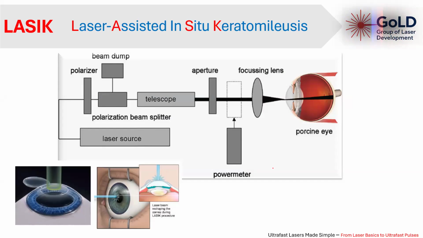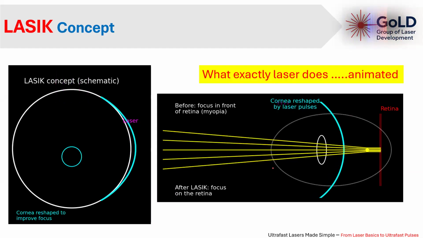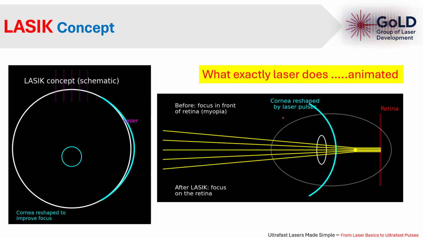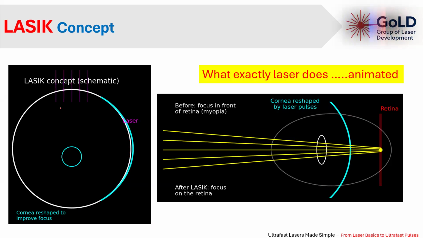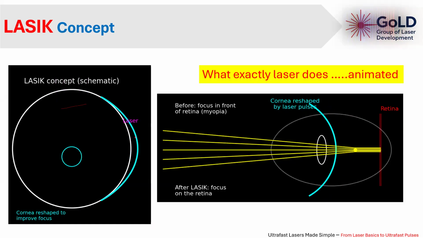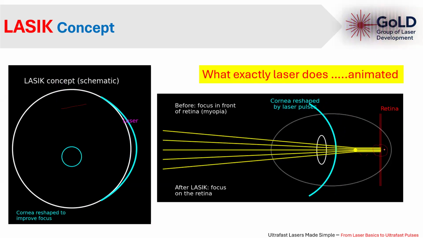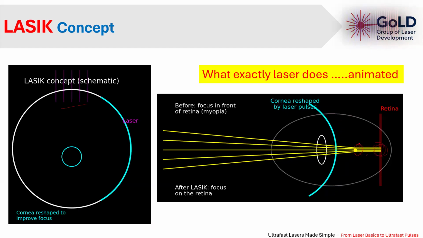The focusing is adjusted. You can see here in this animation, probably just a rough animation, when you shine the laser, the cornea is reshaped with the laser pulses. If the cornea is reshaped, you can see the focus is exactly at the retina. We wear glasses if the focus is somewhere else, and if it is on the retina, we don't need to wear glasses.